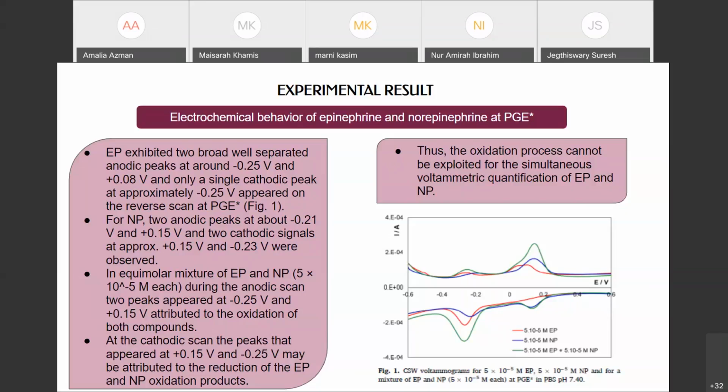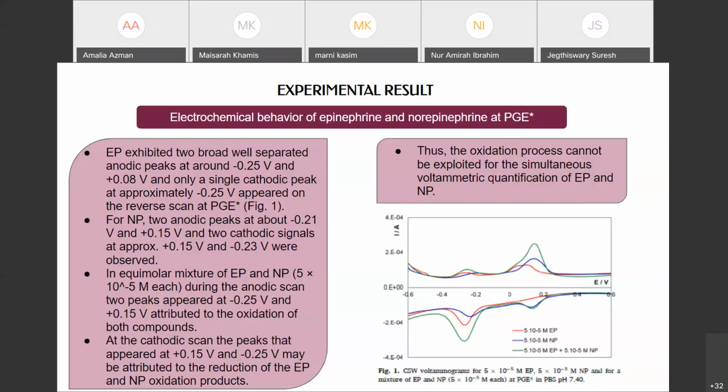So for NP, two analytic peaks at about -0.21 volt and positive 0.15 volt, and two catalytic signals at approximately positive 0.15 volt and -0.23 volt were observed.